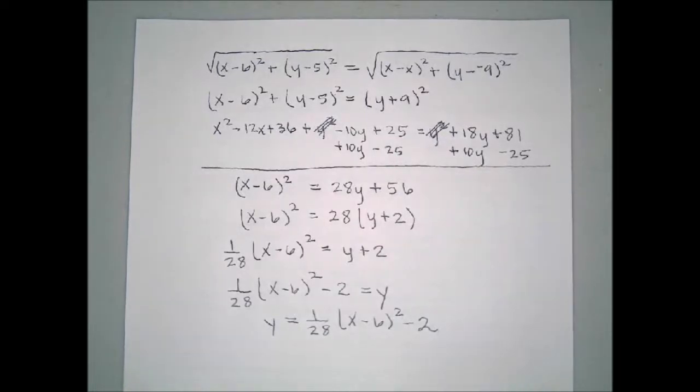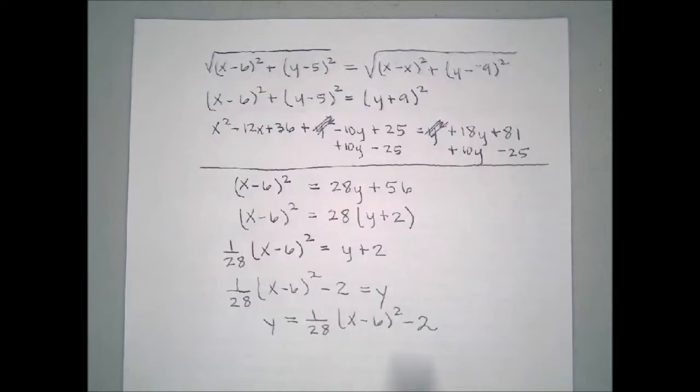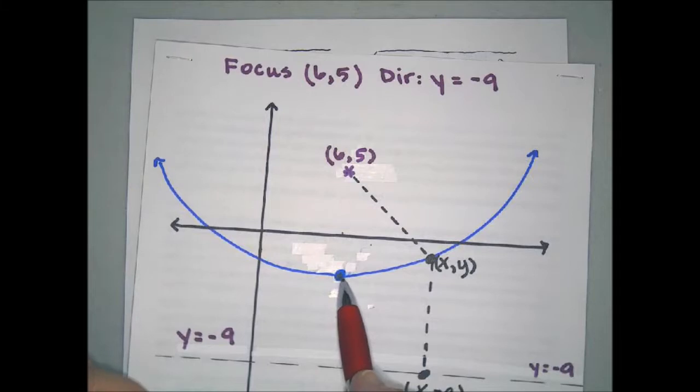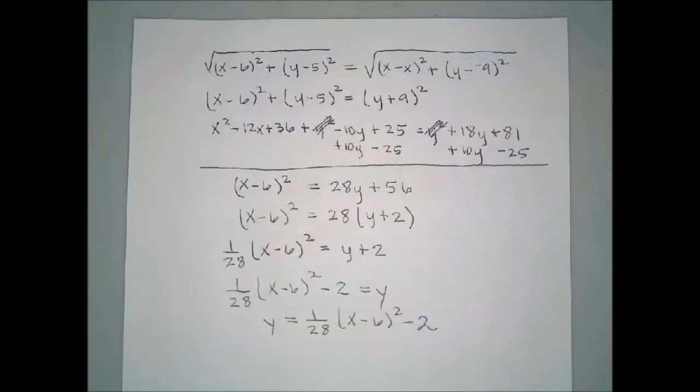So that would be the descriptive form of the parabola. And since it's in the descriptive form, you also know the vertex is at positive 6, negative 2. And if you look back at the drawing, remember how we just estimated where the vertex was? We now know that that's positive 6, negative 2.